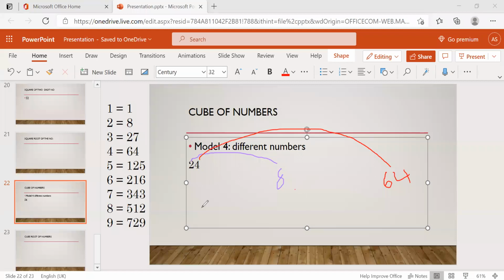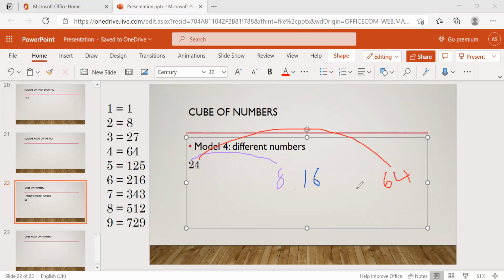Then in the middle, first number square into second number. First number is 2, 2 square is 4. 4 into 4, 16.